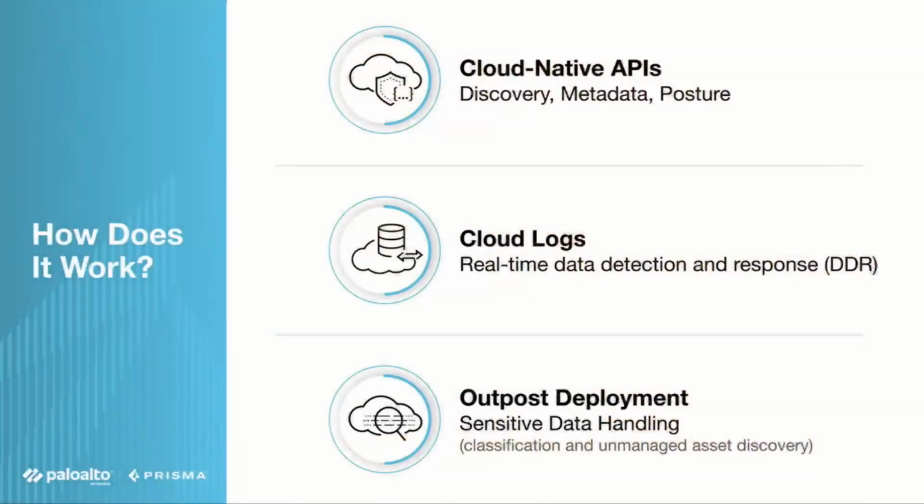Third, the most important piece, the data never leaves the customer's environment. This is what we call an outpost deployment, because all the data classification and analysis happens within the customer's environment. Yes, we spin up a stack in that region to understand what kind of data goes by or what kind of data it has. And it depends if it is a backup, a snapshot of an instance, or an export of a database that we can actually go look at.